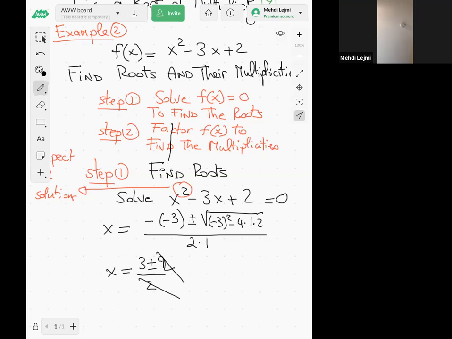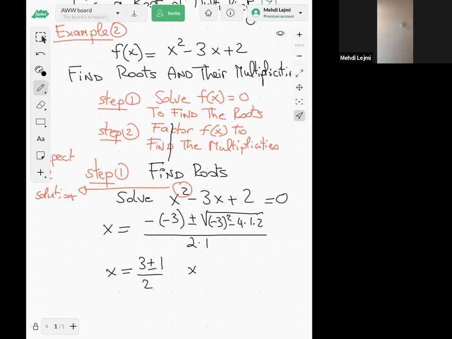If you don't have a product in the top and in the bottom, you cannot cancel out anything, okay? In the top here, I have plus or minus. It's not a multiplication, so you cannot cancel out 2. Of course, here I don't have 2, I have 1, but I saw this mistake in a couple of them in the test. So anyway, here it's plus or minus 1 over 2.